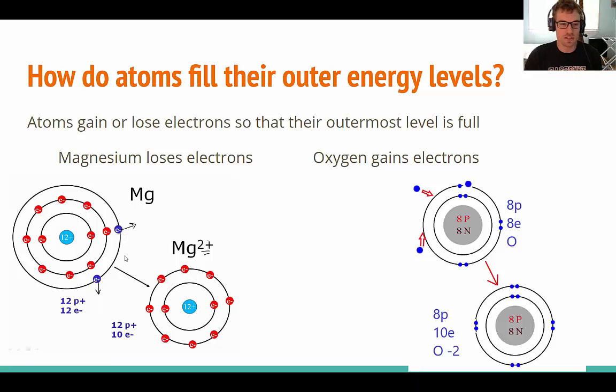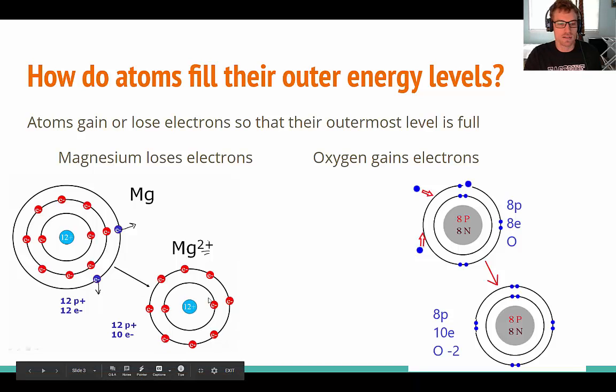And if I lose these 2 on the outside, that means that now there's going to be 8 in the outermost energy level. It doesn't matter that you've gone from having 3 energy levels to 2 energy levels. All that matters is that the outermost energy level is full. So what's easier? Is it easier to gain 6 or is it easier to lose 2? It's much easier to lose 2, right? So magnesium is going to kick out those 2 electrons.